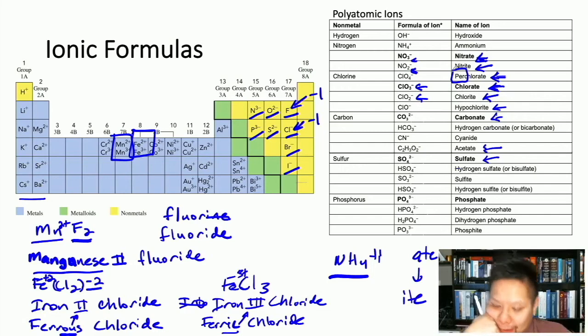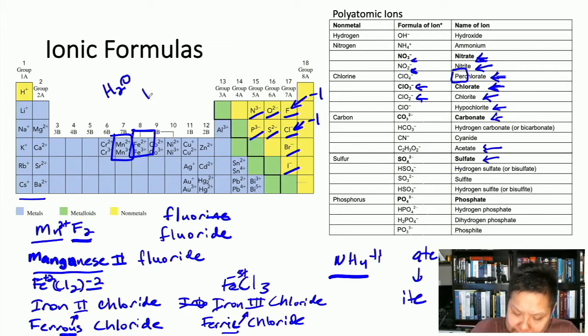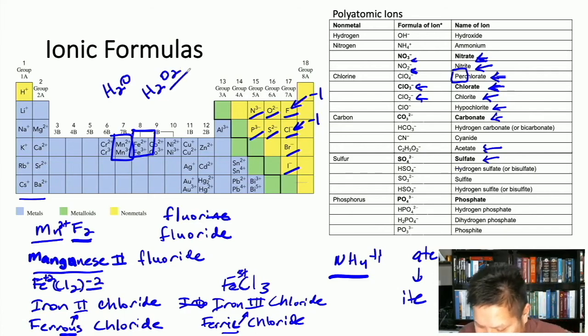Water is H2O, but hydrogen peroxide is H2O2. So it's called peroxide because it has an extra oxygen. Same thing here. ClO3 minus has an extra oxygen, becoming ClO4 minus, and it's perchlorate. So that's what that per means, one extra oxygen than the normal.